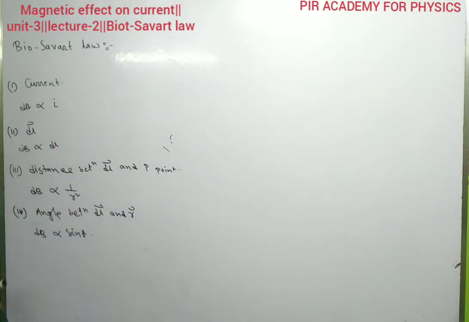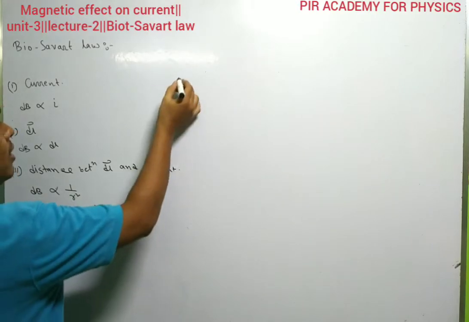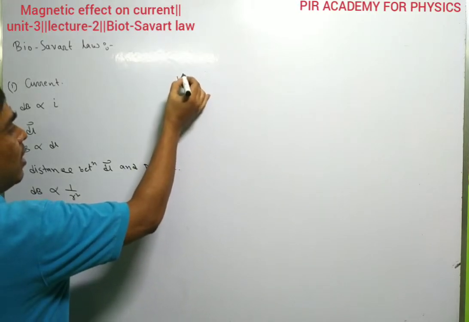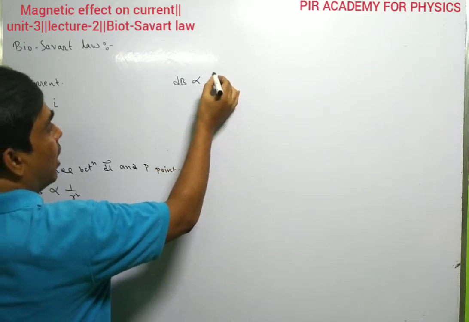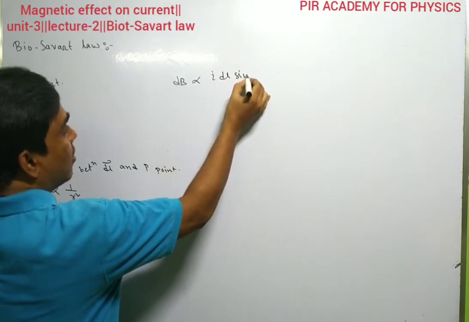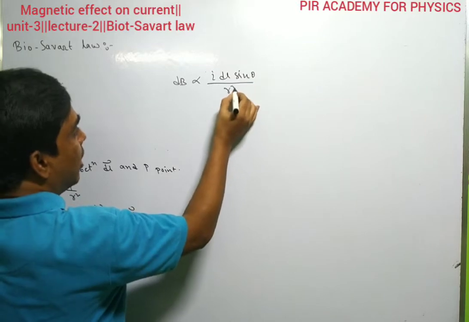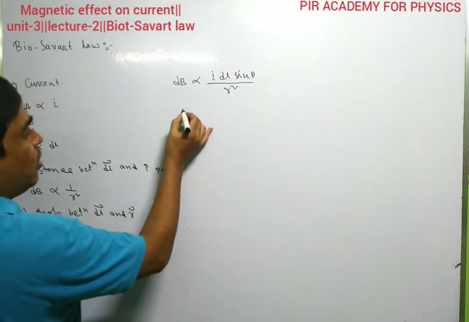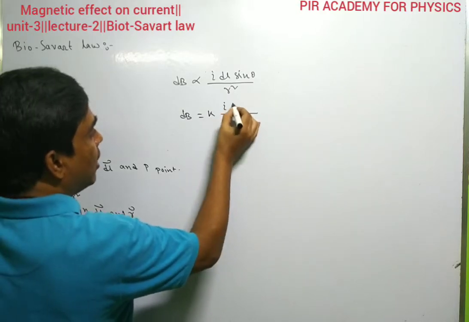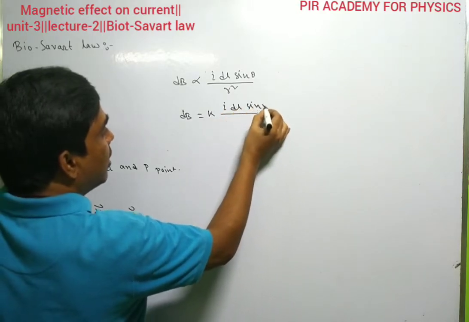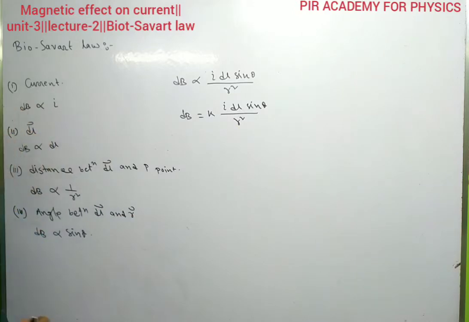If I combine this equation, then dV is proportional to I dl sine theta divided by r square. Then it will be dV equals k I dl sine theta divided by r square.